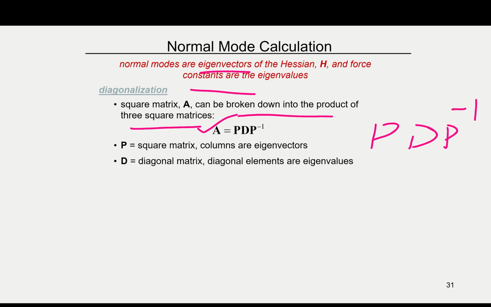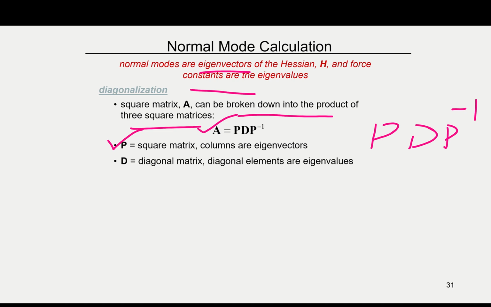Do you remember we talked before about the Hessian? Therefore we just say that the normal modes are eigenvectors of the Hessian, and force constants are the eigenvalues.